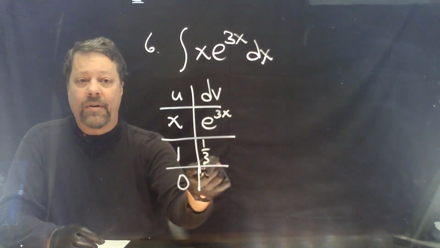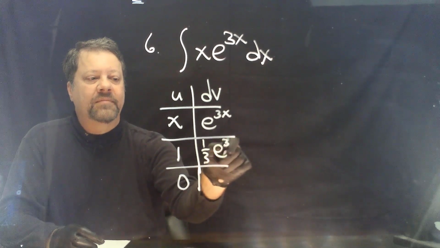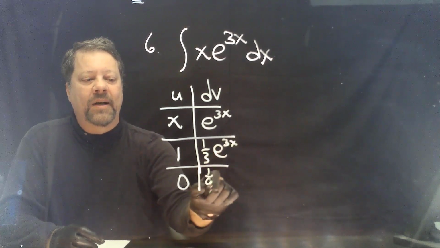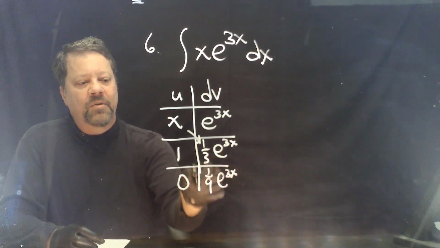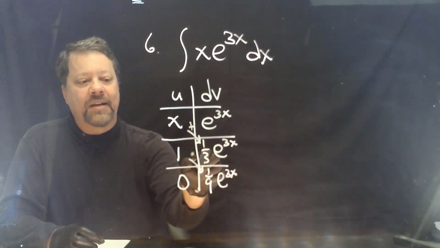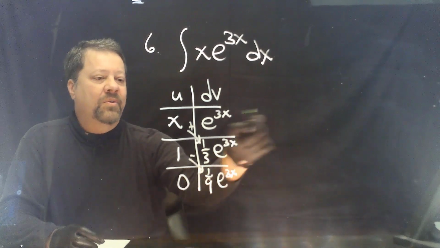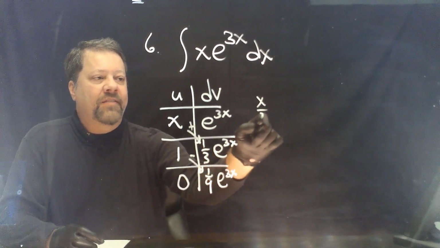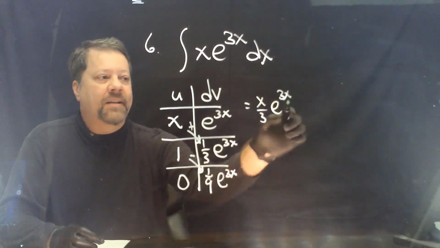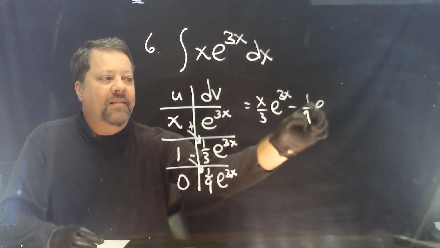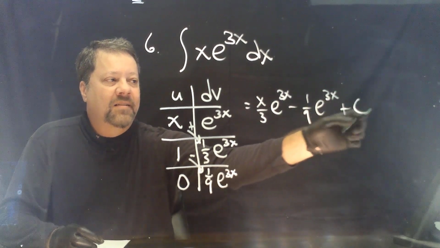That's why we get a 1/3 and not a 3. And a 1/9. You multiply down diagonals and alternate signs. So you can see that we'll get x divided by 3 e to the 3x minus 1/9 e to the 3x plus c.